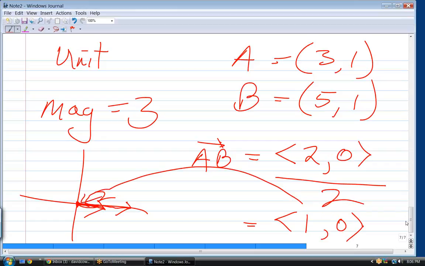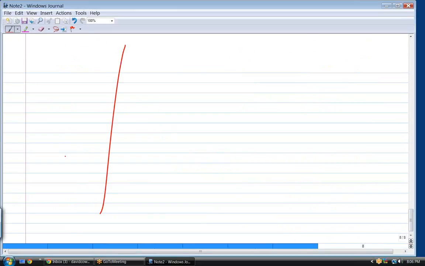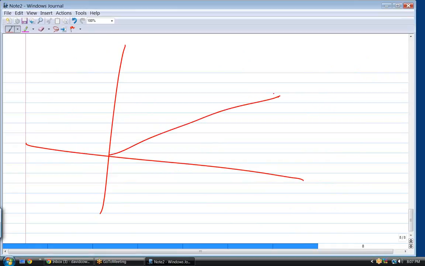When they're talking unit vectors, let's say I have a vector like this. That's magnitude of 6. There are times where you want to know what the equivalent direction vector would be, only with a magnitude of 1. And the way you get that is to take your original vector and divide it by the magnitude of the vector.